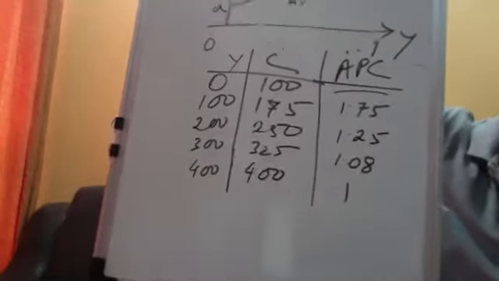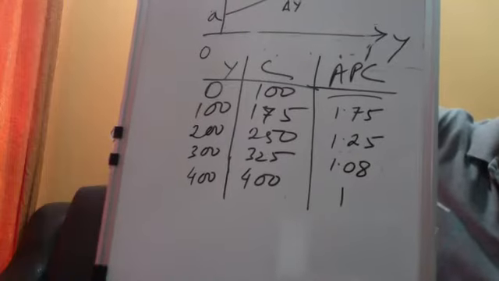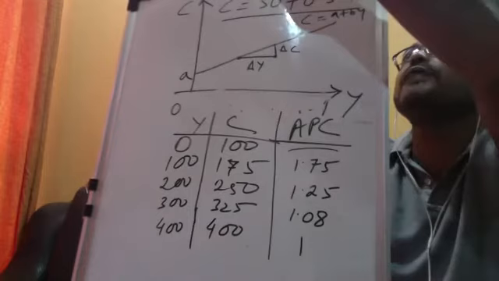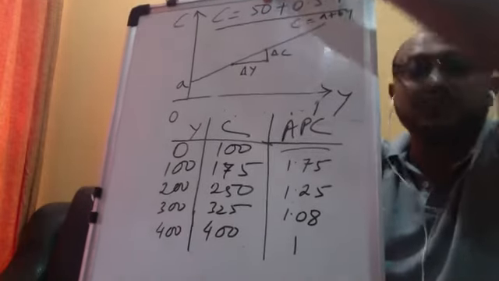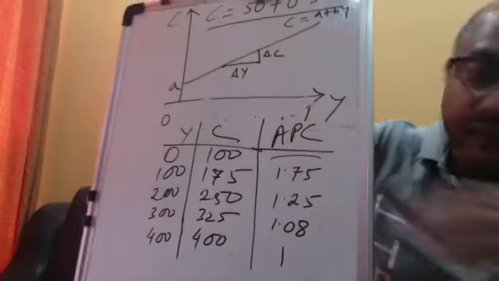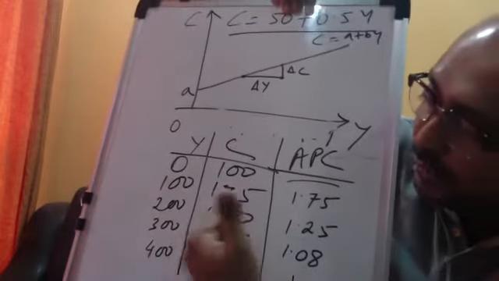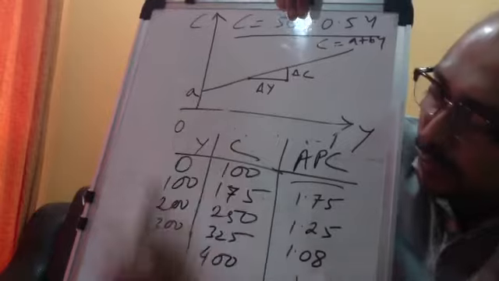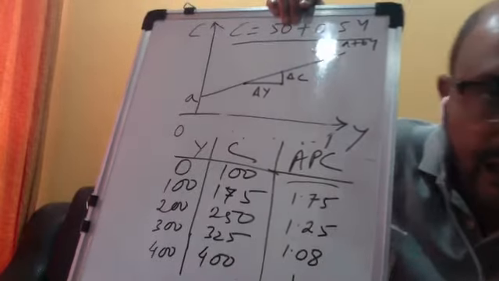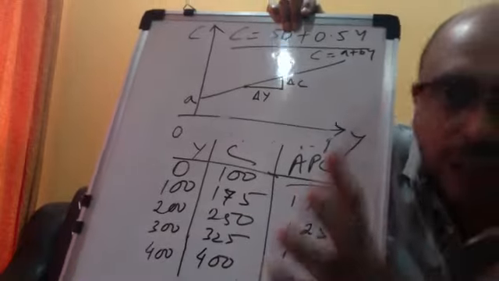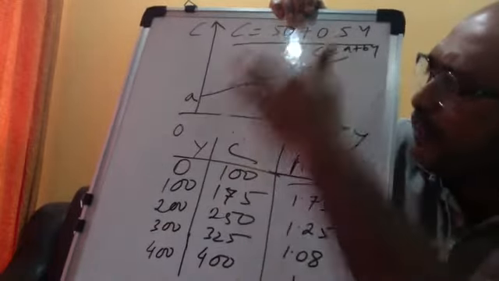Now you see, as income is increasing, APC is decreasing. So we proved the Keynesian psychological law of consumption also. Here we proved MPC remains constant. If you make another column over here and calculate MPC for each and every level, it will be 0.75. So MPC remains constant, because on the assumption of constant MPC, we have drawn this.